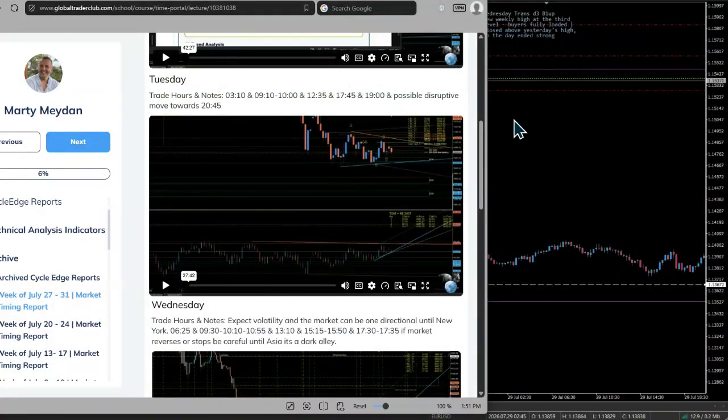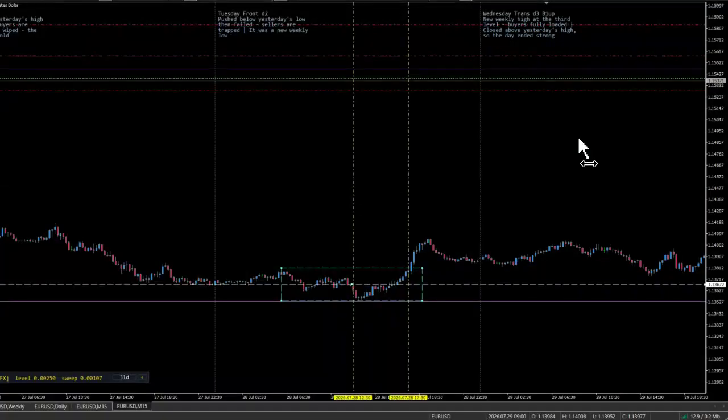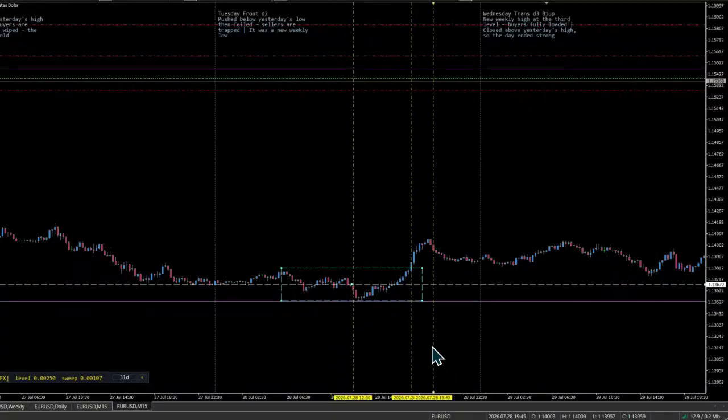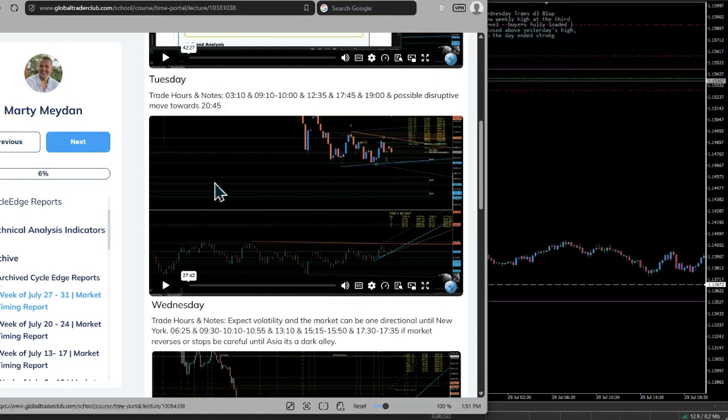5:45 until 7. Possible disruptive move towards 8:45. So 5:45, my apologies there. That's when the market breaks out. 7:30. This is your 7:30, guys. Market making a top. 7 o'clock, sorry.